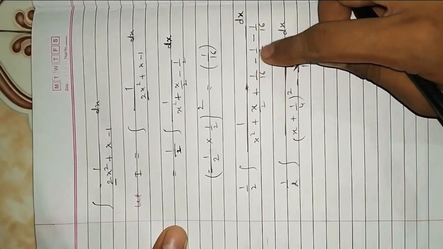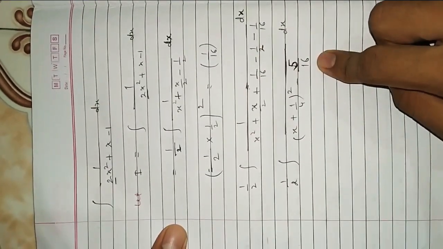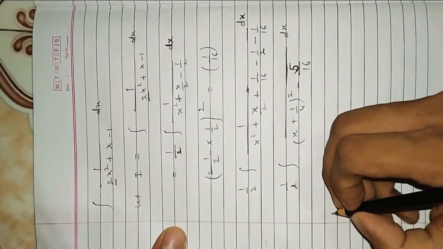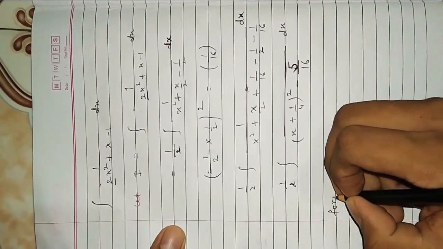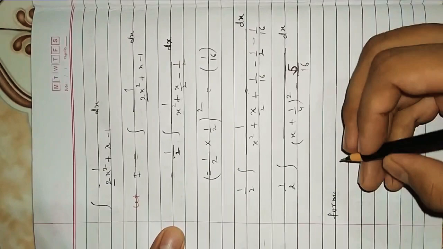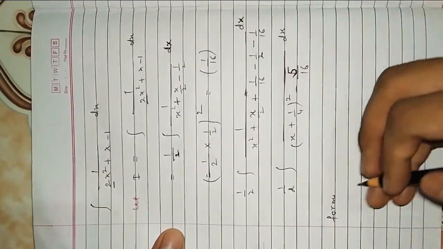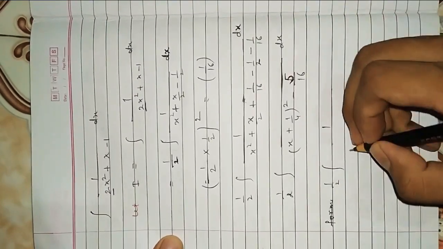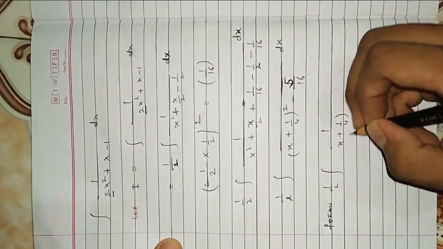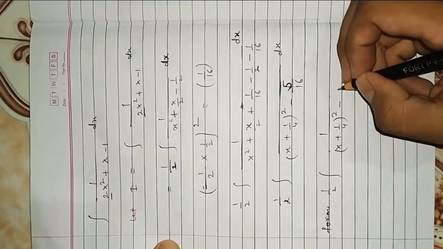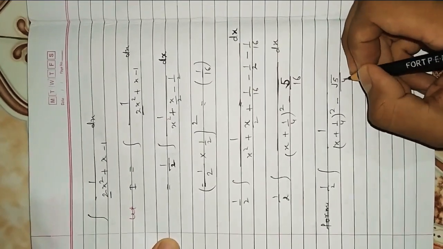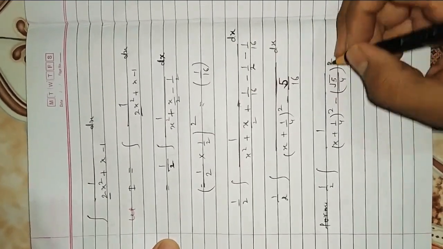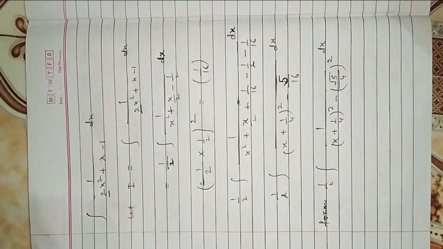So if you rearrange the terms, you will get this one. So I am going to write down the formulas. One step more. So I am going to write down x plus 1 by 4 the whole square, and I am going to write these in brackets, the whole square.